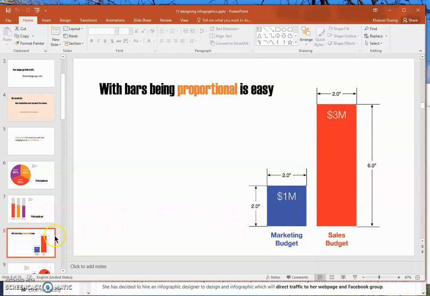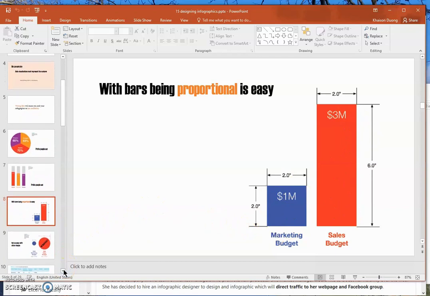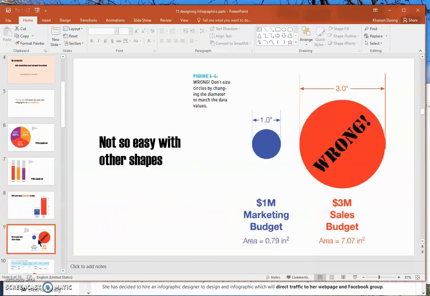Proportions are a little bit trickier when you get into circles. One mistake that people make is they say, this is a 1-inch diameter, I'm going to make this one a 3-inch diameter, and this is going to be 3 times as big as that. That is absolutely wrong. That ends up being probably like 10 times as big if you look at the volume, the area.